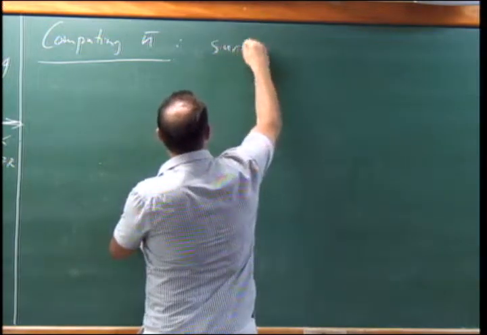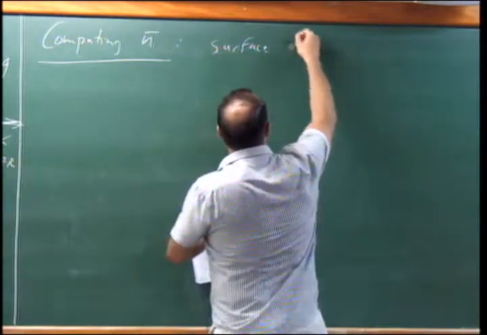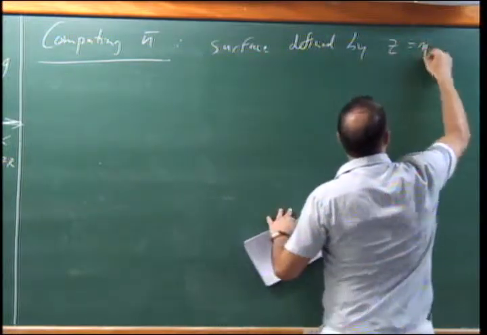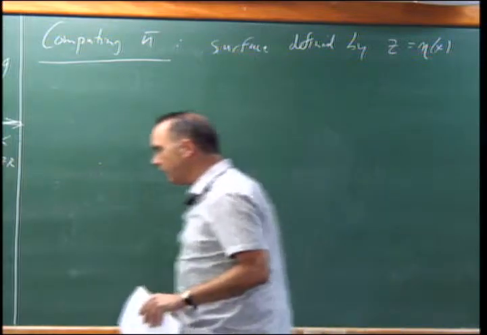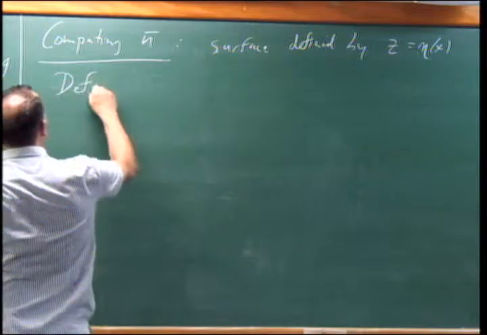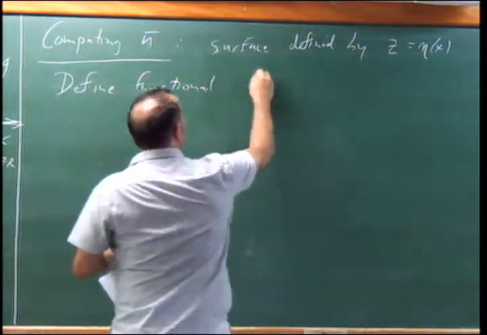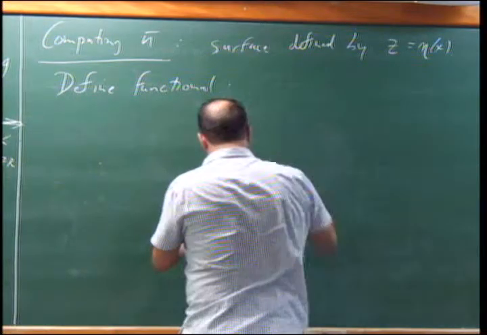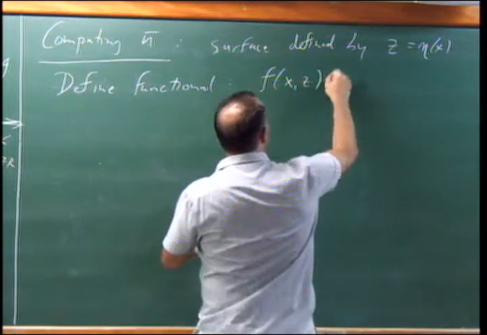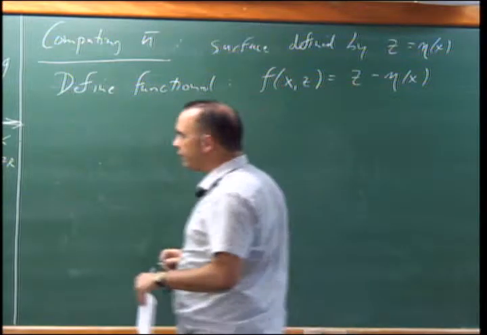Okay, surface. The surface is defined by z equals nu of x, so we can define a functional that vanishes on the surface.